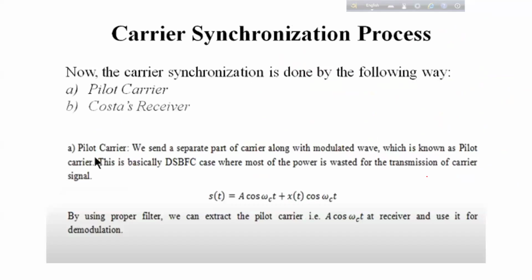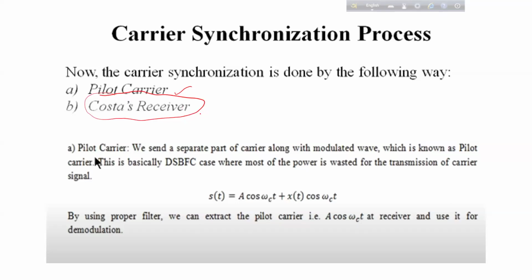Now, the carrier synchronization process can be done in two ways. One is pilot carrier, one is Costas receiver. You know about pilot carrier, and we are not going to see Costas receiver in detail.